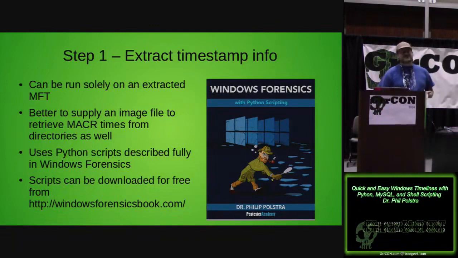If you give it an image file, I'm also going to go out to those data clusters, to those index allocations, and pull all those timestamps out of the directories as well. So now I have 3 sources of information for every single file.